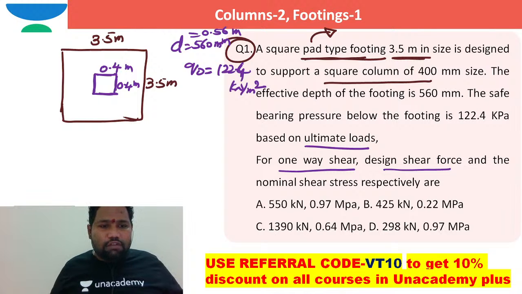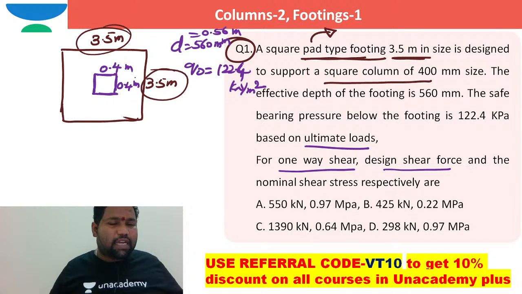Generally, one-way shear will fail in the least direction. Out of 3.5 and 3.5, the least direction can be any direction. The one-way shear will happen at a distance of effective depth d from the face of the column. If I take this distance as effective depth d from the face of the column, you are able to see how the section is.